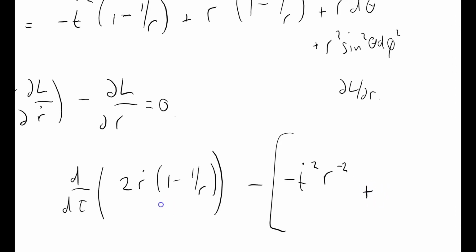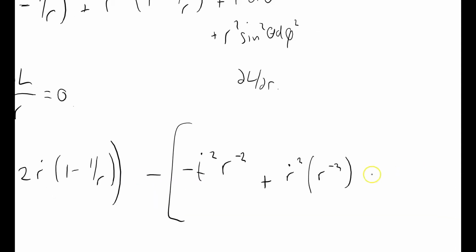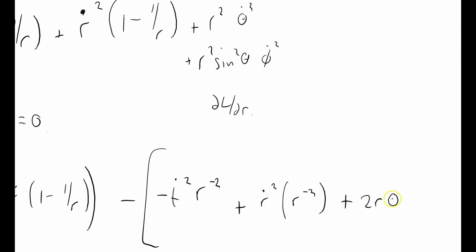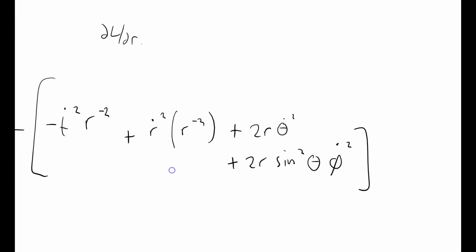Plus r dot squared times, that's minus r to the minus 1, so it's minus, goes to a plus r to the minus 2 again, plus 2r theta dot squared from that term there, plus 2r sine squared theta phi dot squared. And that lot equals a constant.